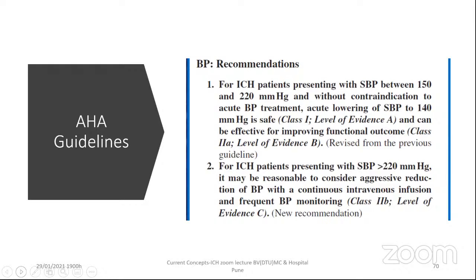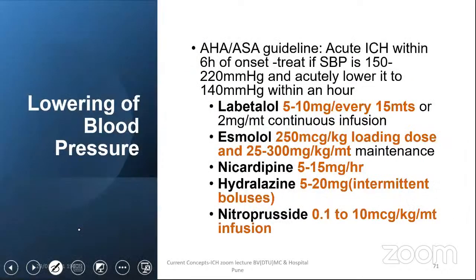Class 2A evidence, level of evidence is B, and it is revised from previous guidelines. For ICH patients presenting with SBP more than 220 millimeters of mercury, it may be reasonable to consider aggressive reduction of BP with a continuous intravenous infusion and frequent BP monitoring. So this recommendation has really revolutionized our treatment schedules.